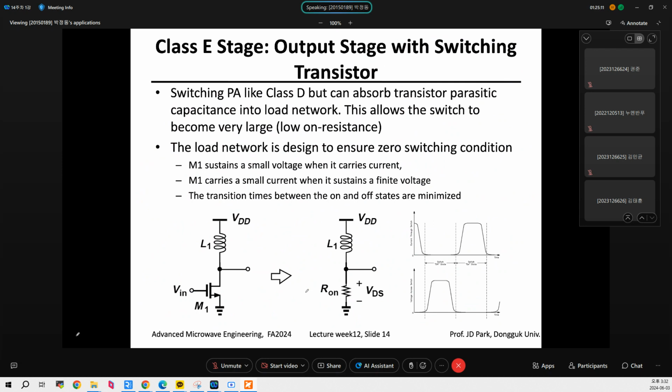The load network should be carefully designed to ensure the zero switching condition. Zero switching condition means that there is no overlap between voltage and current. The first condition is that M1 sustains a small voltage when it carries current, which means R1 should be very teeny tiny.